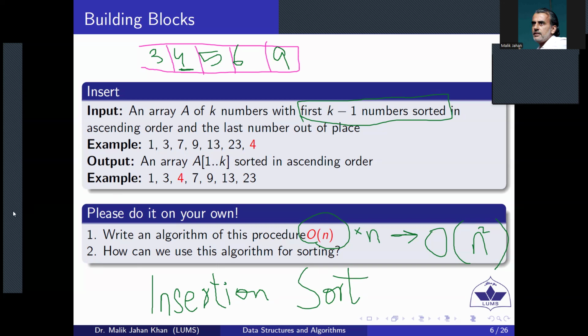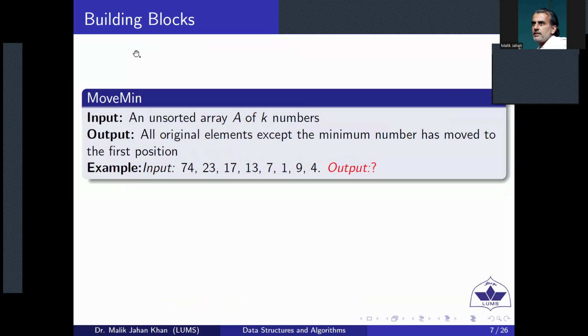Okay, let's move forward. Let's have a look at another building block, which is called move min. And move min has the input that all elements given in the array are unsorted. And the output is all original elements which were given to us, except that the smallest element is located and moved to the first position.